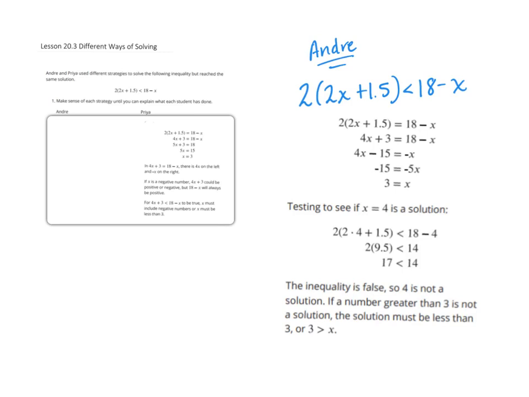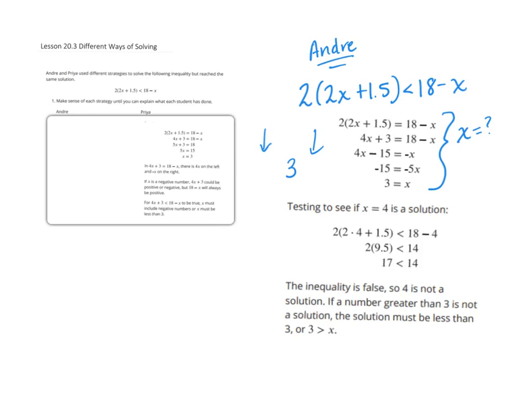Looks like what Andre did first was he figured out where x would be equal in these cases. So he worked it out and he solved for x. So we know that the answers are going to have to be either less than or greater than 3.